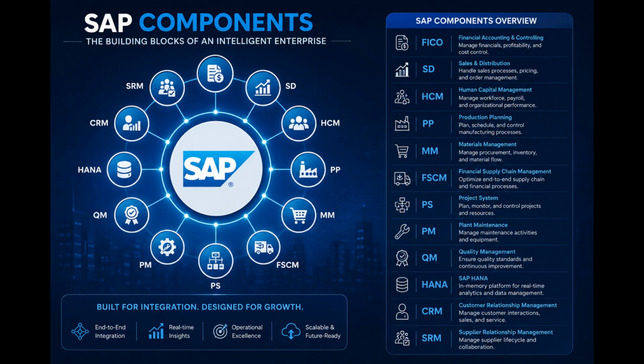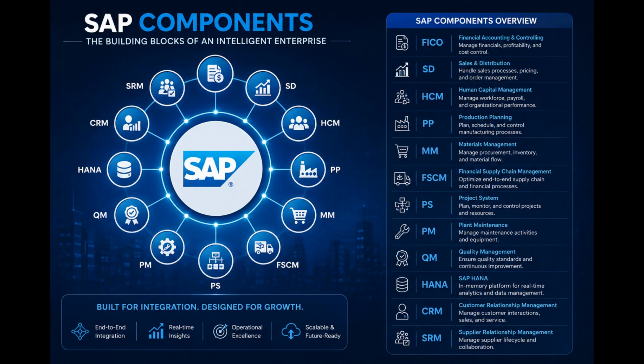Functional modules consist of Finance, known as FI, and Controlling, known as CO, Sales and Distribution, known as SD, Material Management, known as MM, Production Planning, known as PP, Plant Maintenance, known as PM, Quality Management, known as QM, Project System, known as PS, and Human Resources, known as HR.